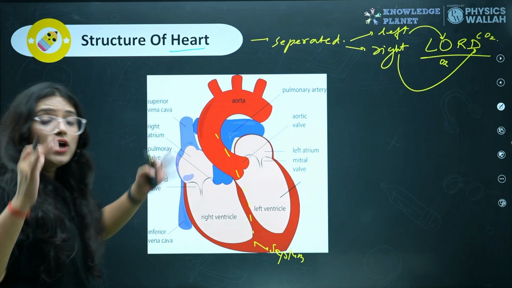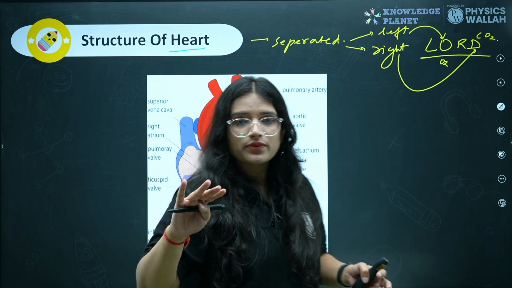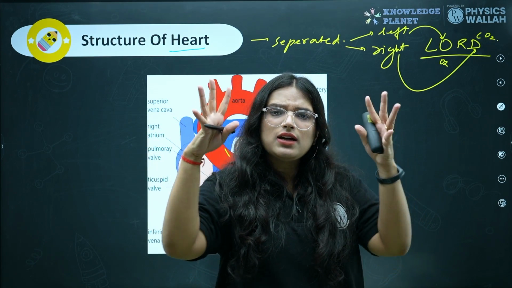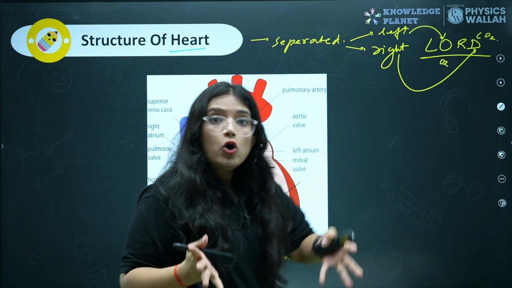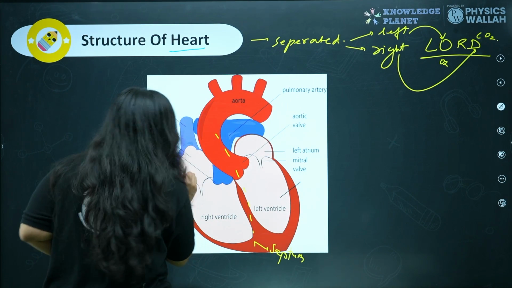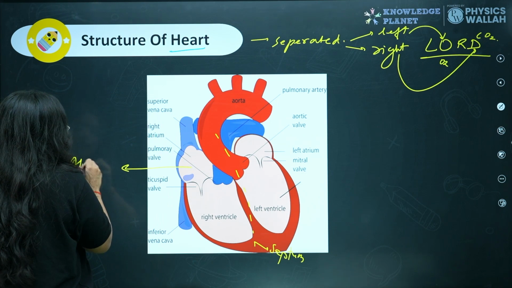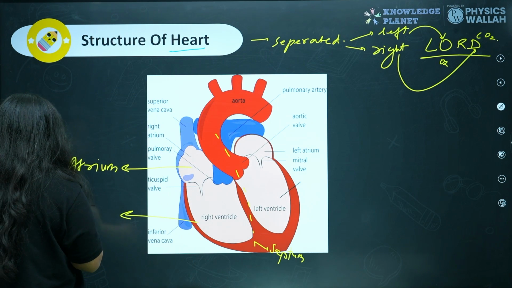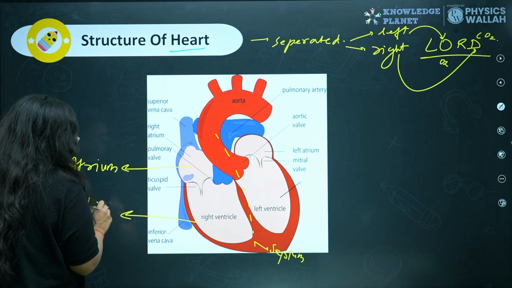Now the heart has 4 chambers, the upper chambers and the lower chambers. The upper chambers are smaller, whereas the lower chambers are larger. The upper chambers are known as atria and the lower chambers are known as ventricles.